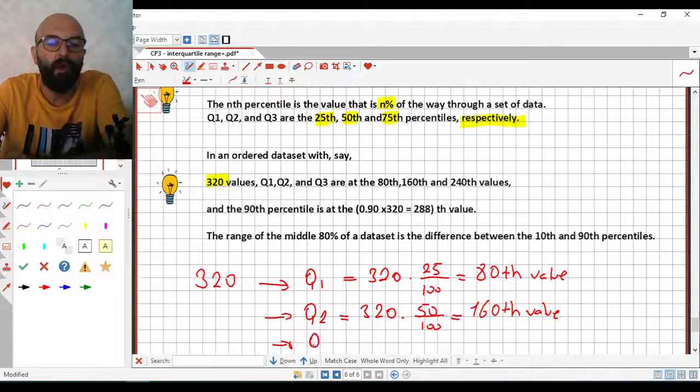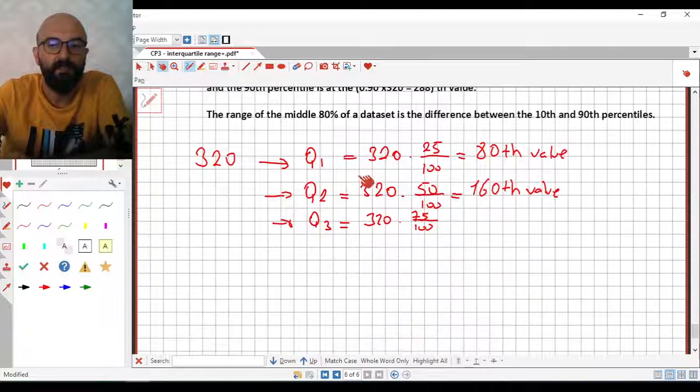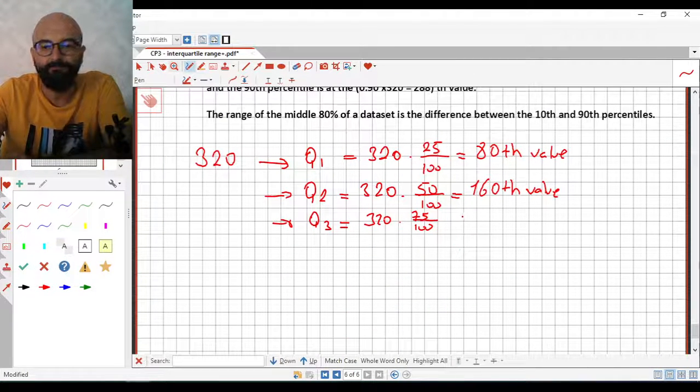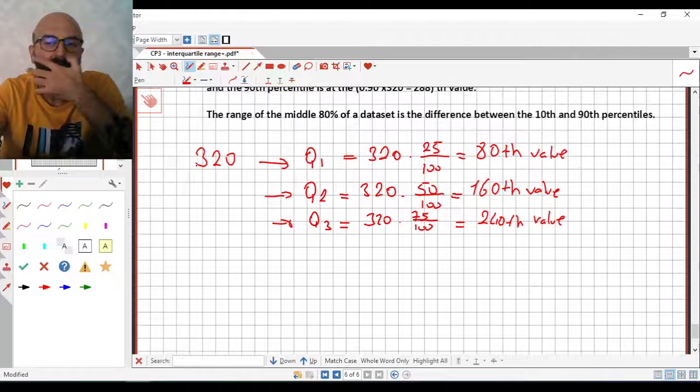And if we want the upper quartile, or Q3, we multiply 320 by 75% and find the 240th value.